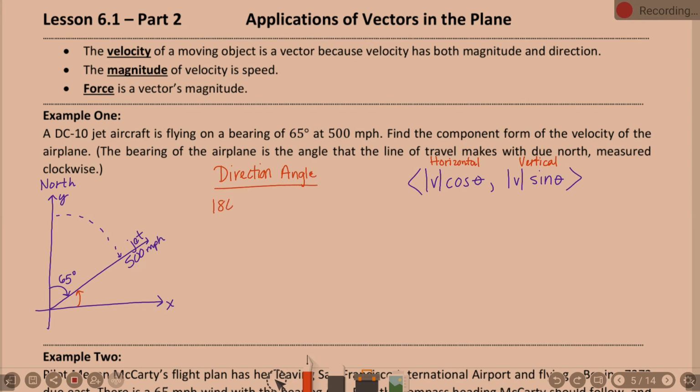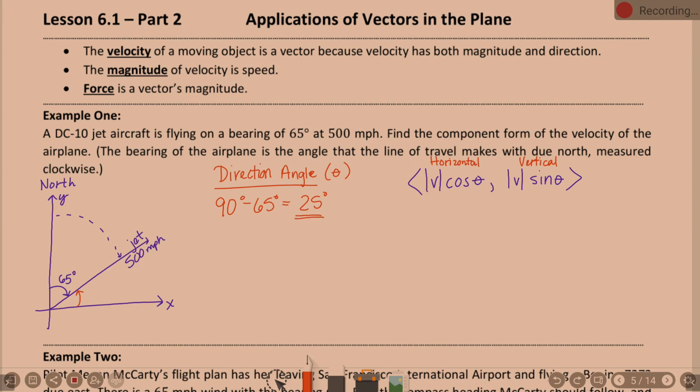So 90 minus 65 gives me 25. So that's my direction angle, so that is theta.